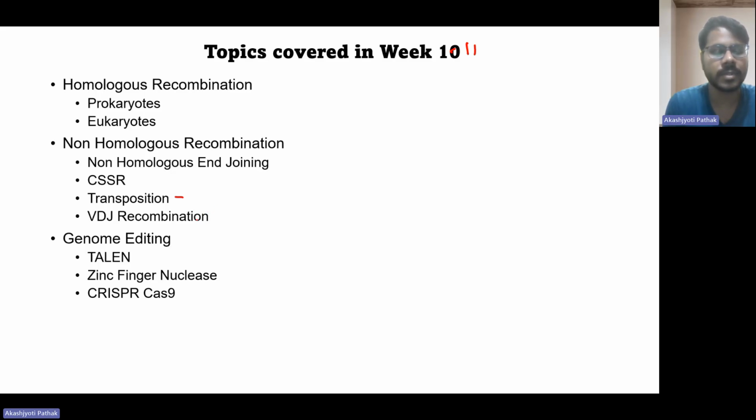How these are produced through VDJ recombination was covered, and then in the next lecture, genome editing was discussed in quite some detail, starting from TALENs, then zinc finger nuclease and CRISPR-Cas9.